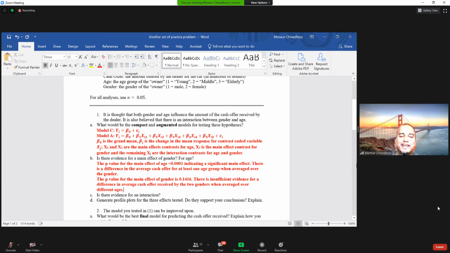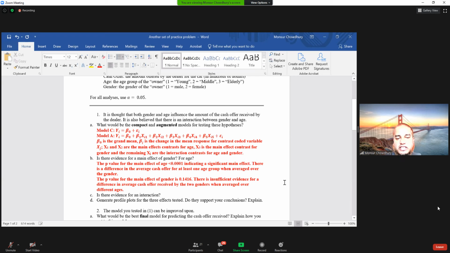For your part, this answer is enough. We can just say that the main effect of the gender is this, so we don't reject our null hypothesis, so we can say insignificant main effect. But you can also give these interpretations.